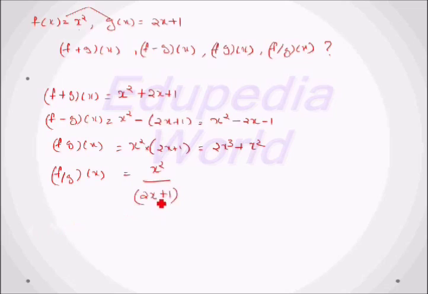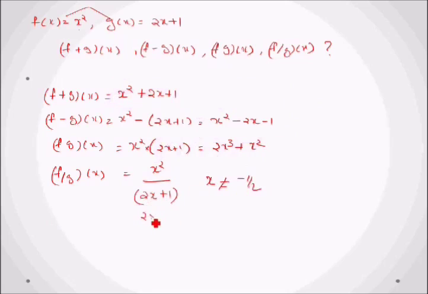Okay, but here we should make sure that x does not equal minus 1 by 2. If x equals minus 1 by 2, we have 2 into minus 1 by 2 plus 1, that is minus 1 plus 1, which is 0. Denominator can never be 0.